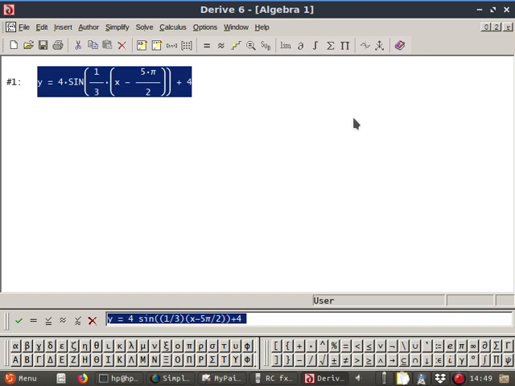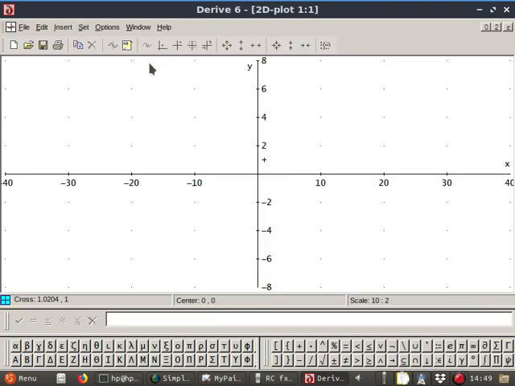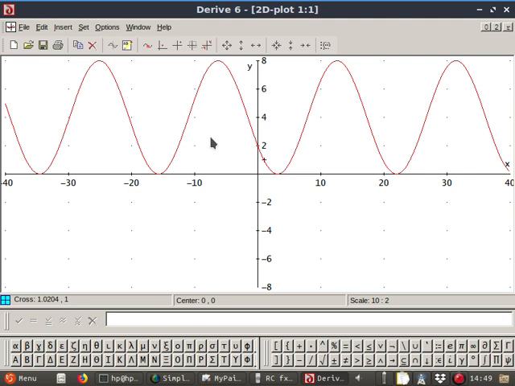I can just leave it like this, right? That's the first answer that we got. No, the first answer had 3x, not 1 over 3x. It was 5 pi over 2. Yep. Works. So it was just the 1 over 3 that was screwed up.